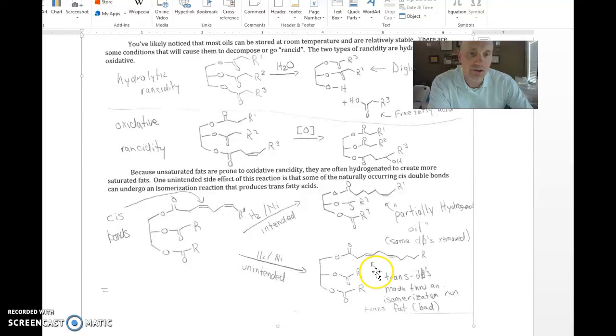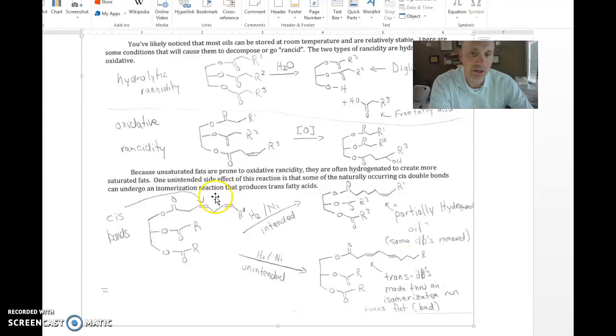This creates what's considered trans fat, which is just a triglyceride where some of these fatty acids have double bonds in the trans configuration. In general, the trans fats are considered to be not as healthy for you. It's a fairly complicated science, and there's still a fair amount of debate about how safe these things are.